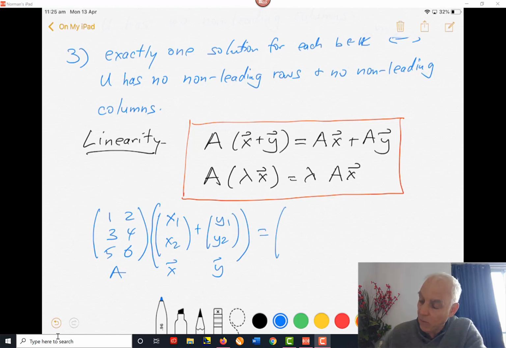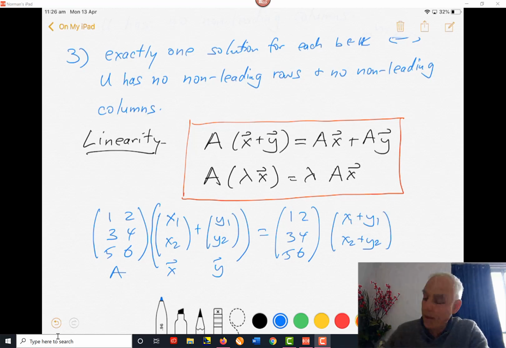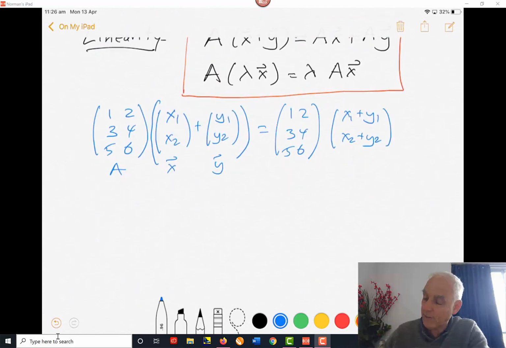So this is going to be 1, 2, 3, 4, 5, 6 times the vector x1 plus y1, x2 plus y2. So that's how you add vectors. And then when we do this matrix multiplication, what are we going to get? Well, this is a 3 by 2 matrix, and this is a 2 by 1. So we're going to end up getting a 3 by 1.